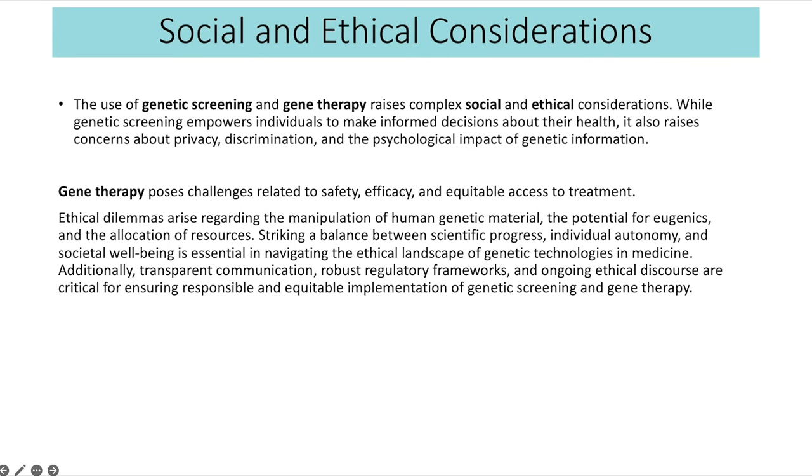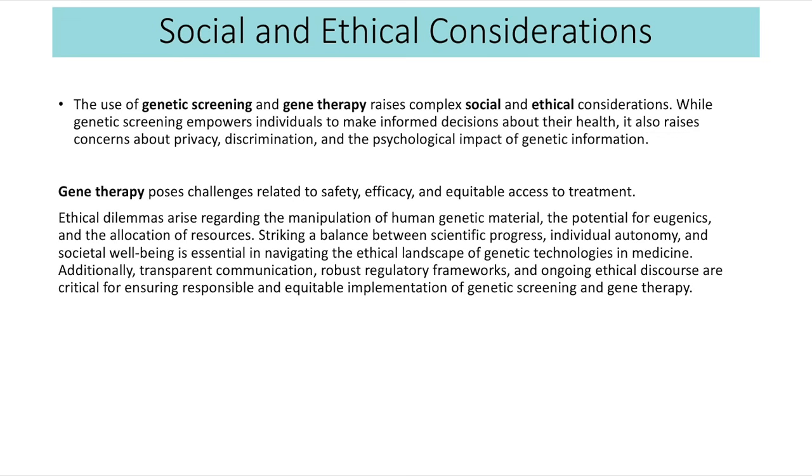Now, so far we've only highlighted all the positives with these technologies, but there are social and ethical considerations linked to this as well. So while genetic screening does empower individuals to make these informed decisions about their health, it does link to some concerns around privacy, discrimination, and also psychological impact. Because in terms of privacy, once you have screened yourself, there's the question of, well, who then gets access to that information?